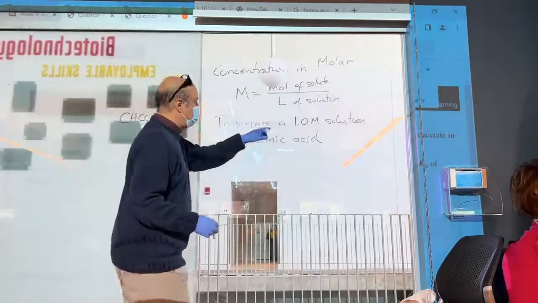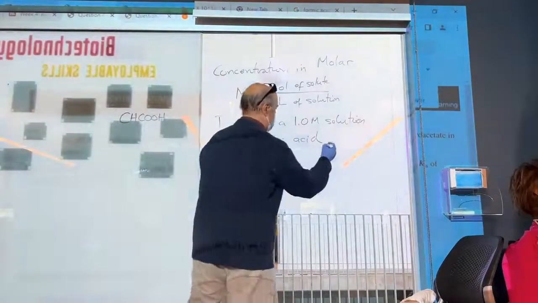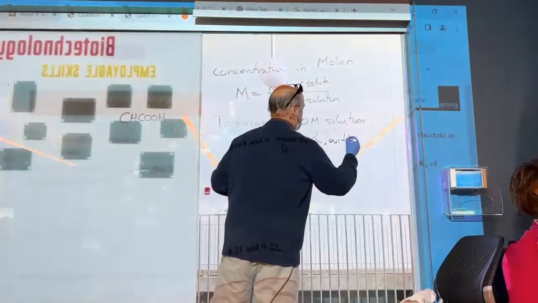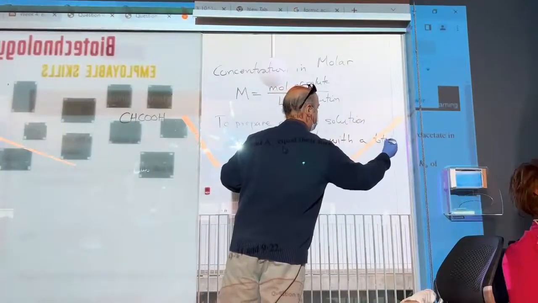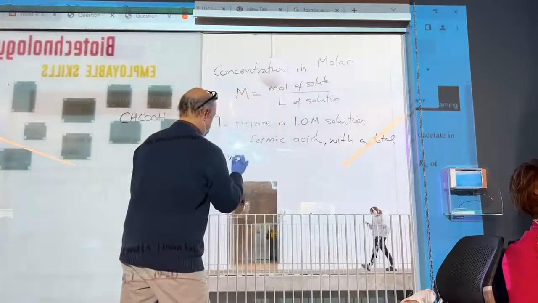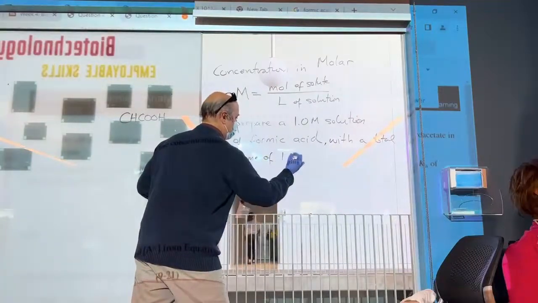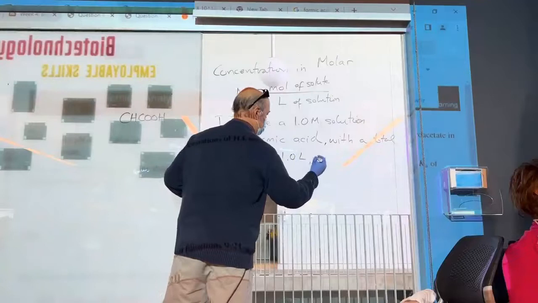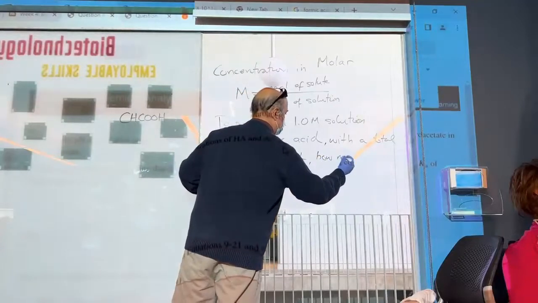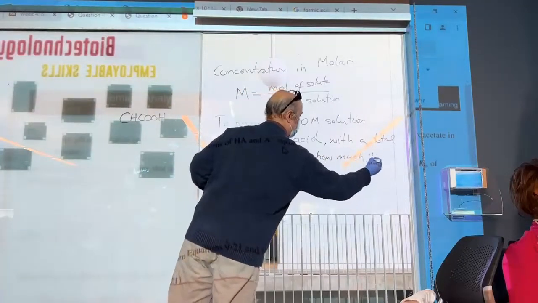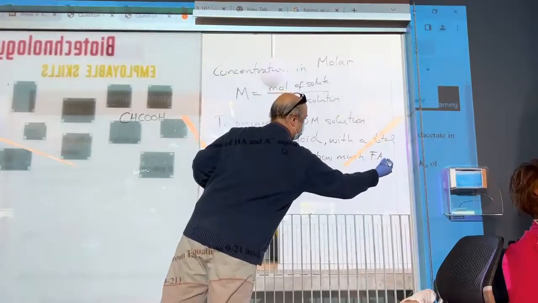To prepare a 1 molar solution of formic acid with a total volume of 1.0 liters, how much formic acid do we need?